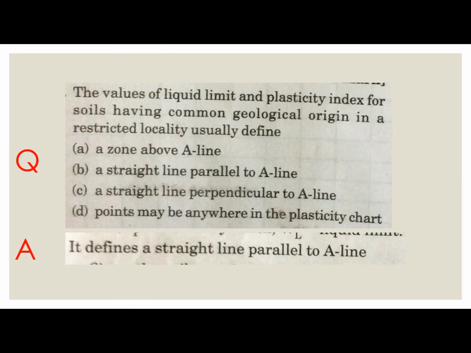The values of liquid limit and plasticity index for soils having common geological origin in a restricted locality usually define what? These things we should be well aware of. Like it will be a straight line parallel to the A line.